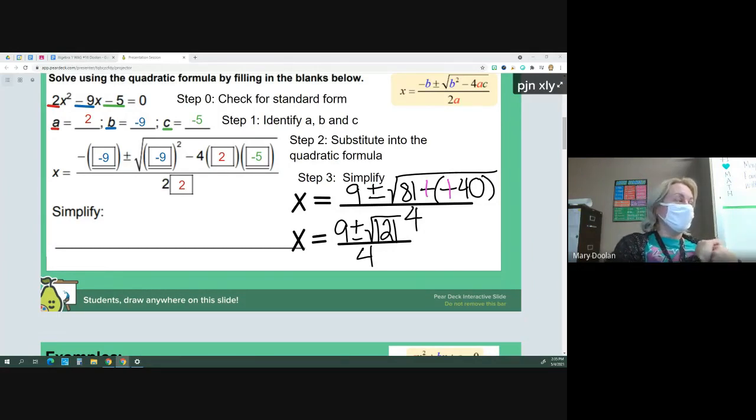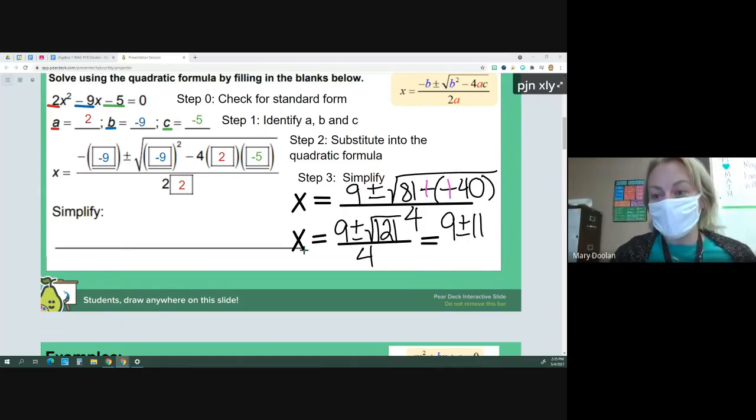What's the square root of 121? 11. Yeah, 11. Okay, so this is just going to turn into 9 plus or minus 11 divided by 4. So that's the third step.